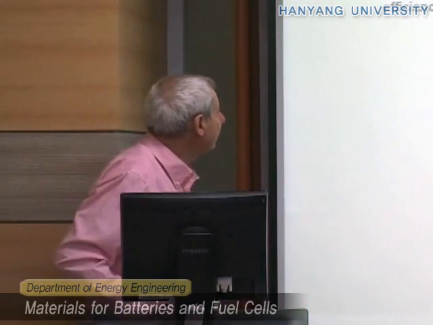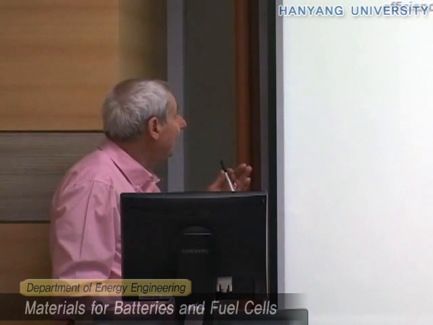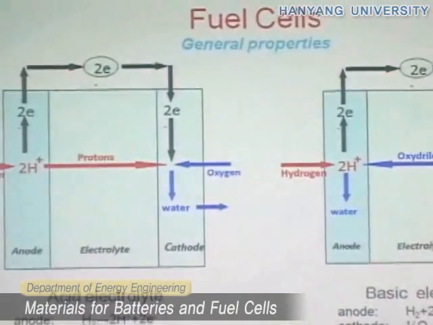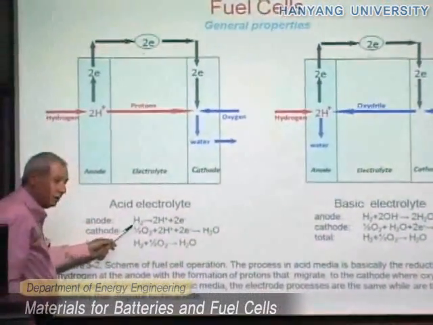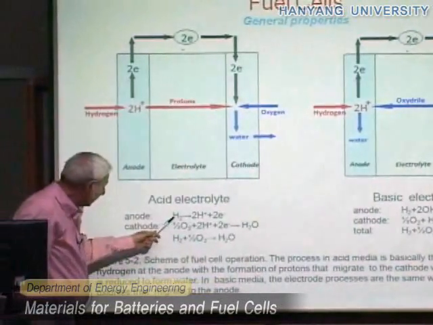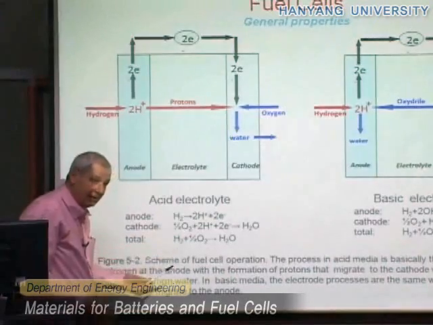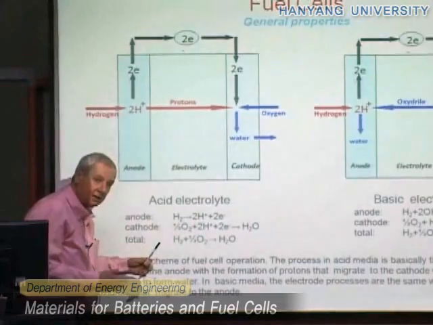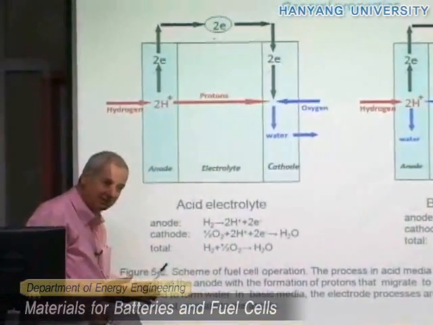So, as you have seen before, we can describe from that scheme the cell as an electrochemical system involving the combustion of a fuel. In fact, here you see at this electrode, we have oxidation of hydrogen. And this oxidation of hydrogen reacts with oxygen. So it's like the hydrogen is a fuel and oxygen is what you need for making a combustion.